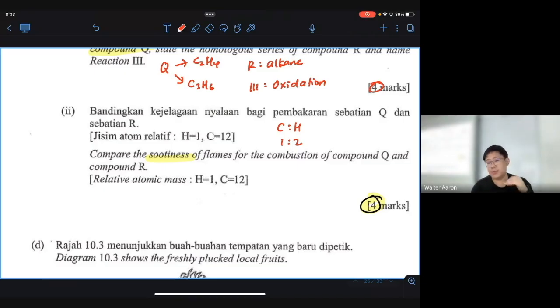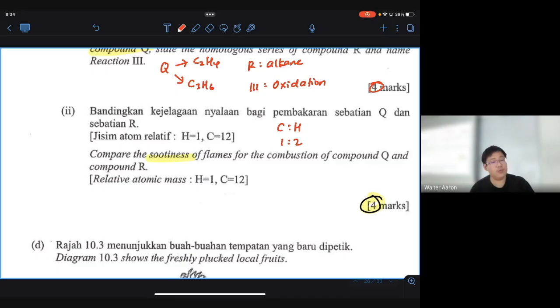That's it. You stop there. You didn't show the calculation, then you only get 2 marks. You don't get another 2 extra marks from the calculation itself. So you must be able to write down the justification and to prove to them that it is indeed Q that has higher percentage of carbon, you need to show the calculation. Okay, unless this question is worth 2 marks only, then no need.